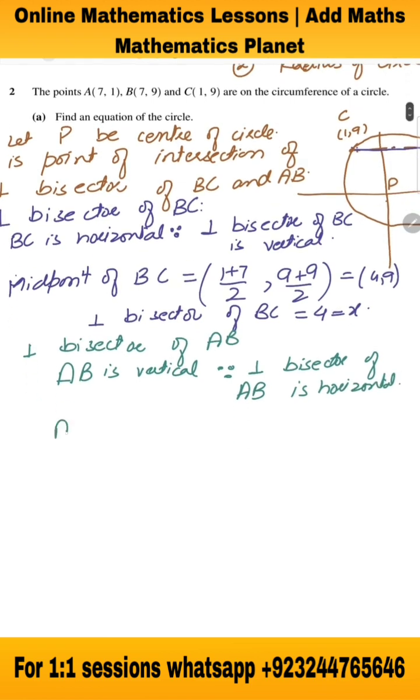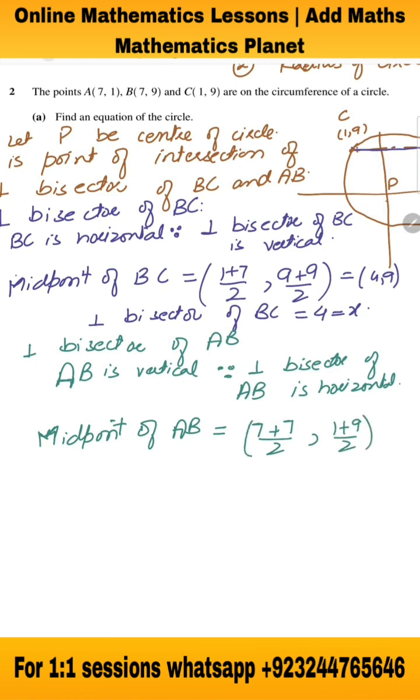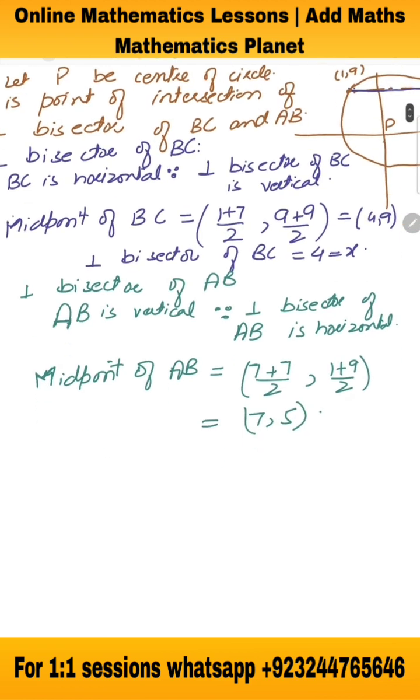Okay, so the midpoint of AC is 7, 5. So the perpendicular bisector is y equal to 5.